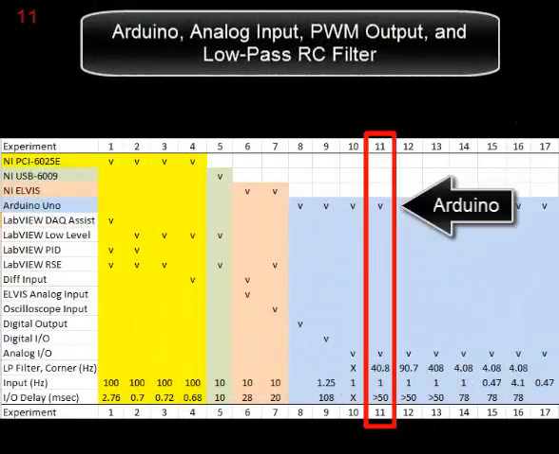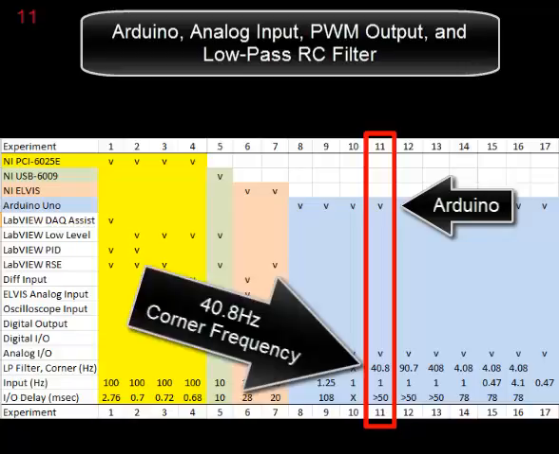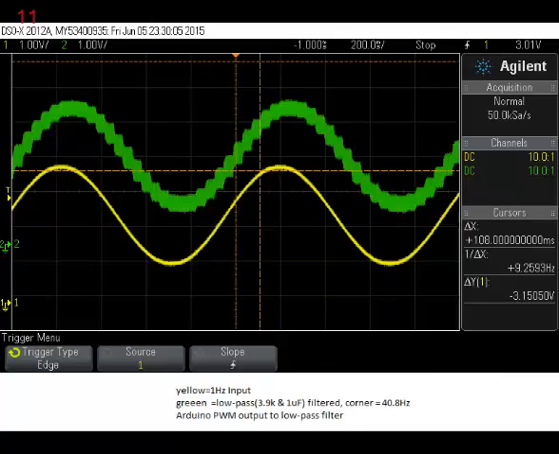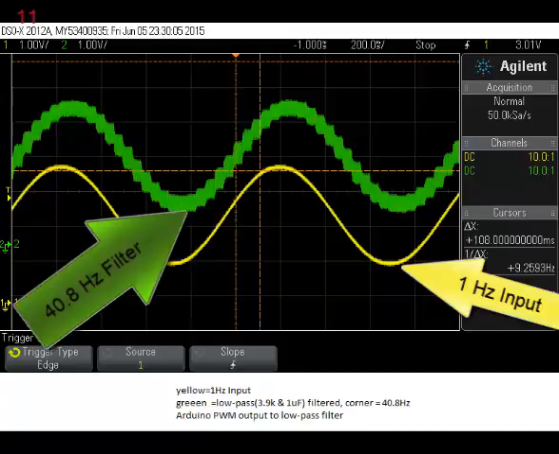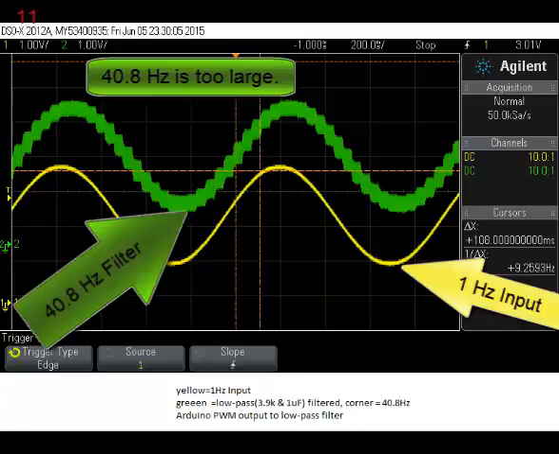Now include a low-pass RC filter at 40.8 Hertz corner frequency. 40.8 Hertz is too large.